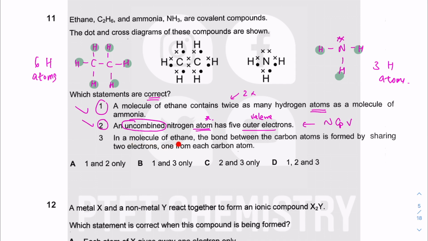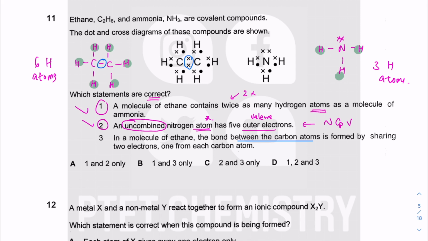In a molecule of ethane, this is one molecule of ethane, the bond between the carbon atoms is formed by sharing 2 electrons. The bond between the carbon atoms, which is this thing, has 1 from each carbon, and that is correct.